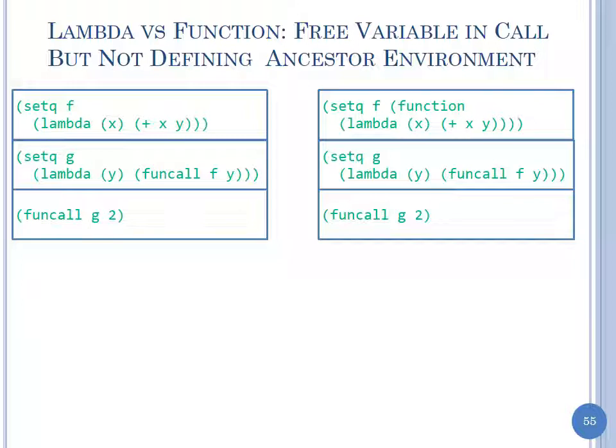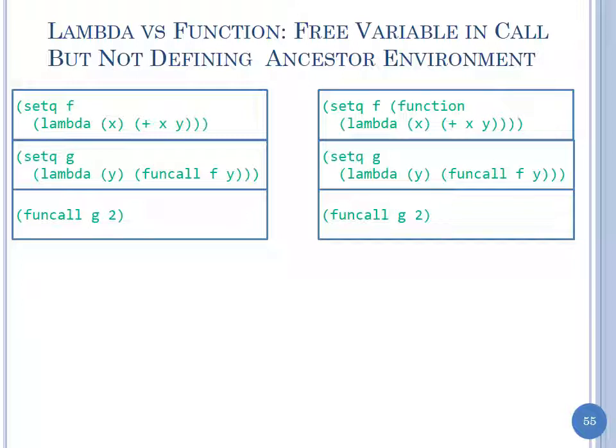It's kind of confusing in that sense. Then we do func call g with 2. We set up an environment for g, a scope in which y is bound to a value. That becomes the parent environment of the call to f, and y is indeed found in that parent environment. So on the left hand side we get no problems.